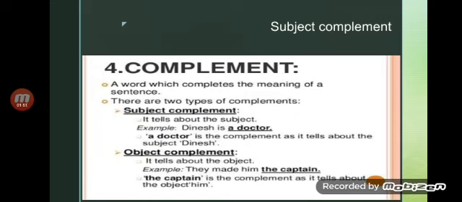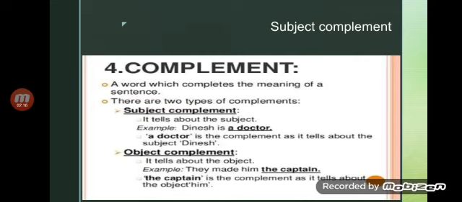When we add a complement, or completer, to the sentence foundation to complete the meaning, it in fact adds majesty to the sentence. So a complement is a word that completes the meaning of the predicate.